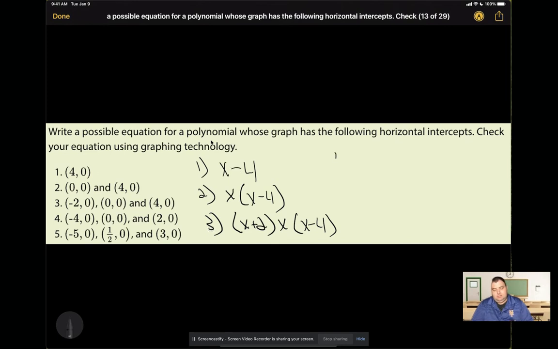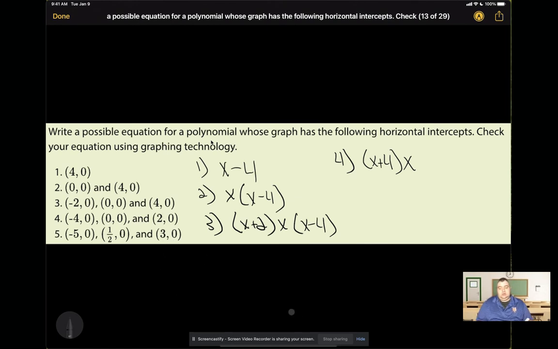Okay. Number 4. Now I have -4, 0, and 2. For -4, my factor is going to be x plus 4. For 0, my factor is going to be x.